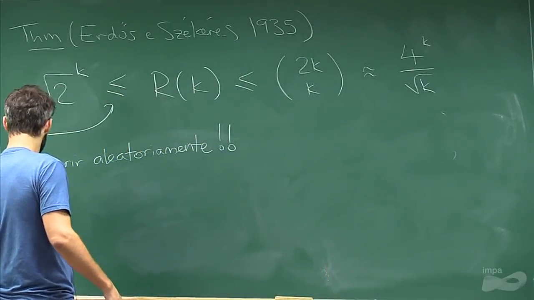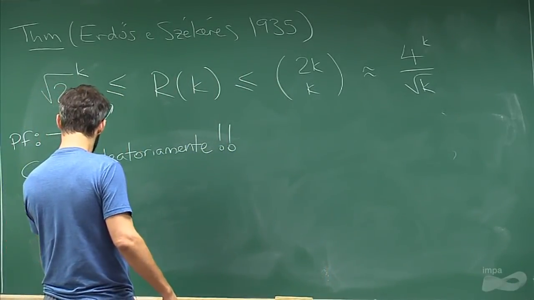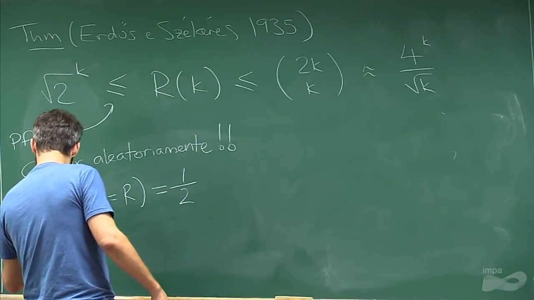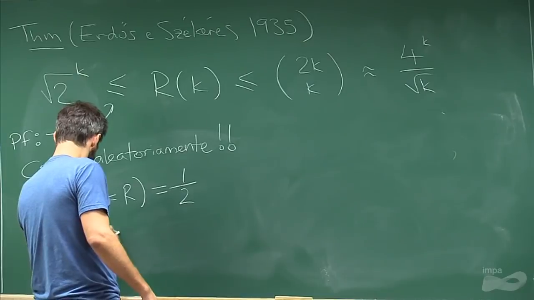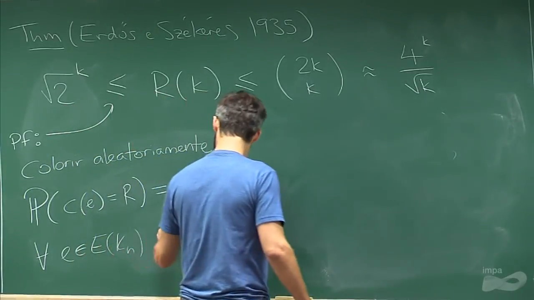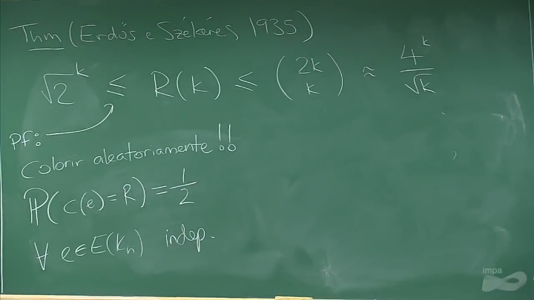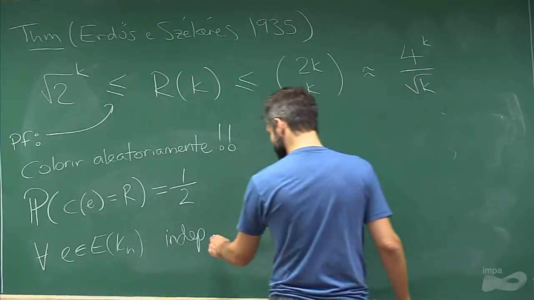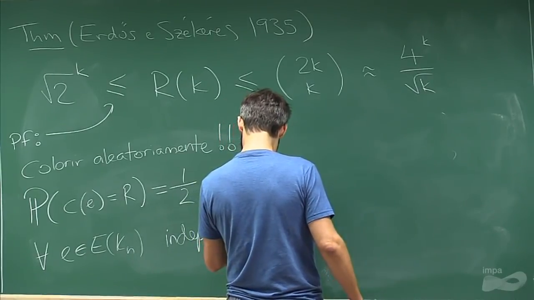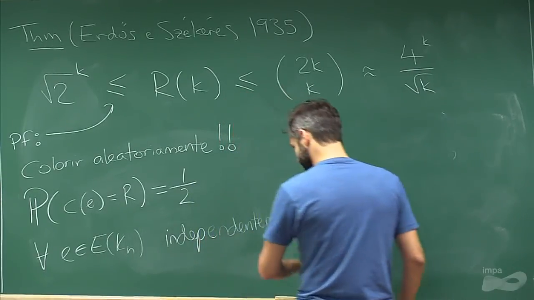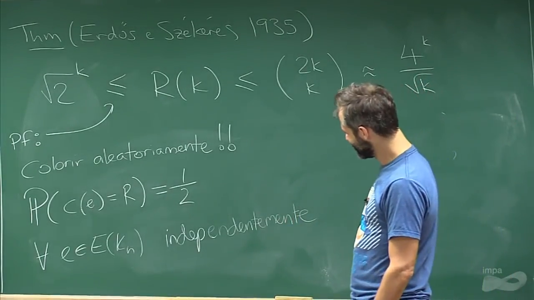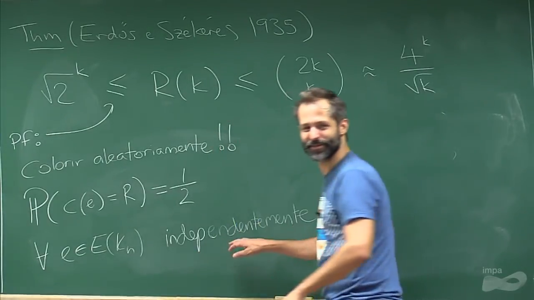So the probability that the color of an edge is red should be a half for all edges, all independently. I'm going to write "indep" to mean this.